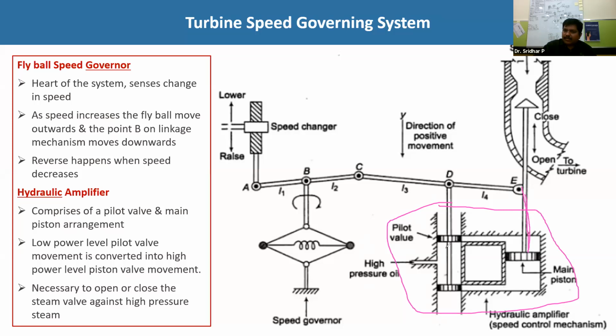High pressure oil, in the beginning, will be admitted into the low pressure chamber only, but after that this high pressure oil is capable of doing all these things. So one level of oil is converted into high pressure oil. This is what happens from one energy level to another energy level, and this main piston is able to block the steam or open the steam valve.